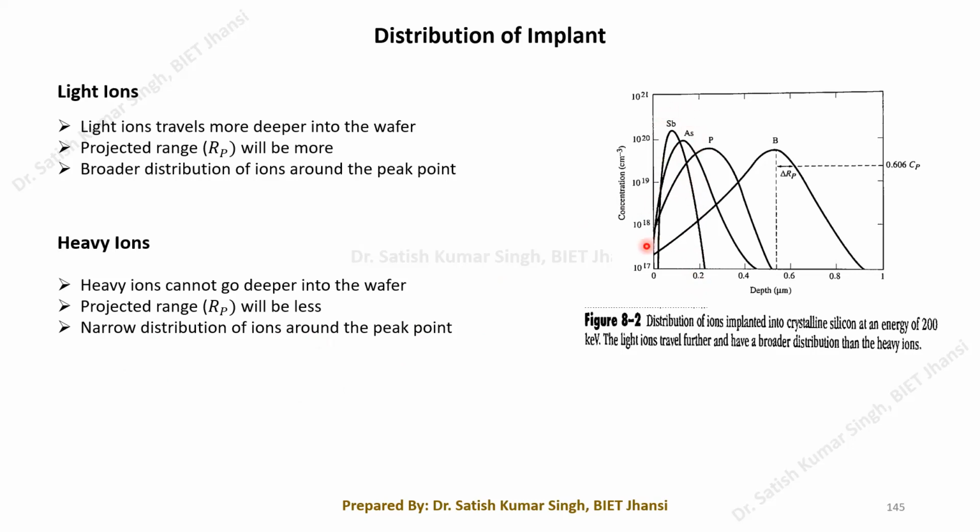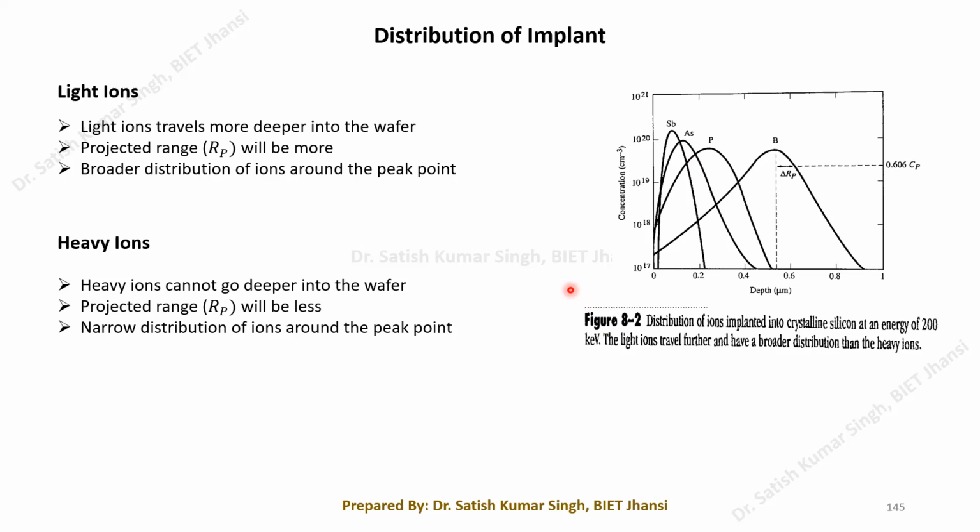So what is the meaning of the narrow distribution? The doping material will be distributed over a very short range, but here it is distributed over a very wide range. So this picture is to give an idea of how different materials behave when we dope them with the same implant energy.